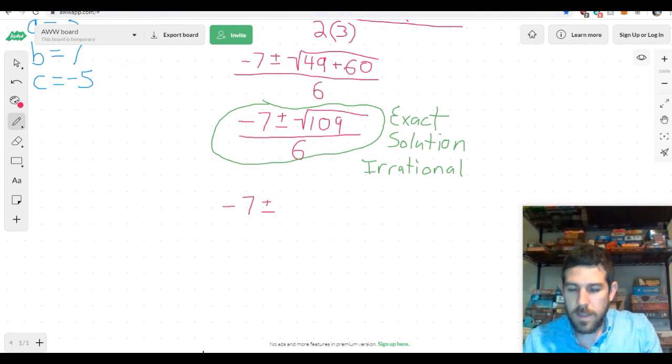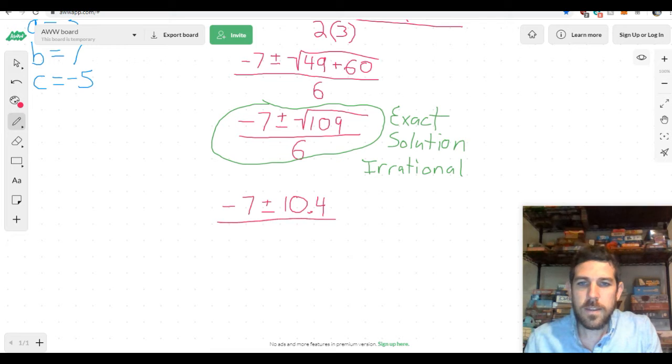My calculator says the square root of 109 is 10.4 and a bunch of other numbers. Again, that's an irrational number. It's going to go on forever, so I'm just going to say approximately, again, I'm rounding here, 10.4, and all over 6.